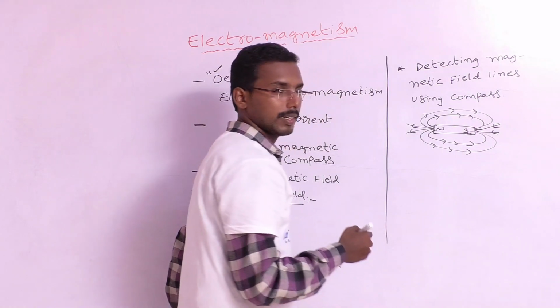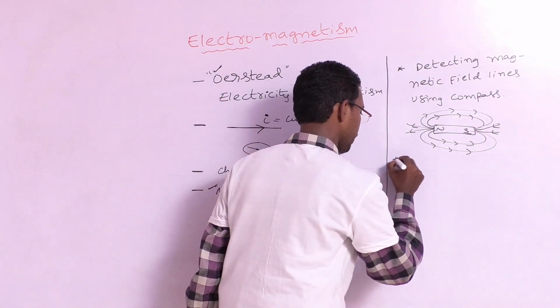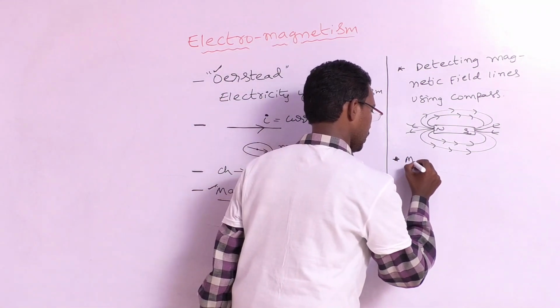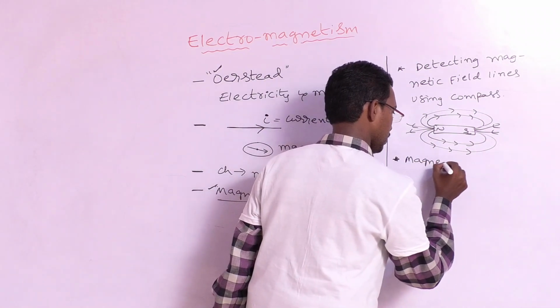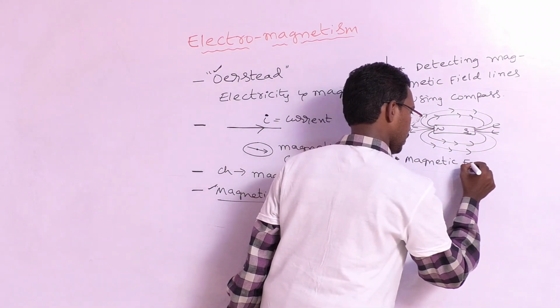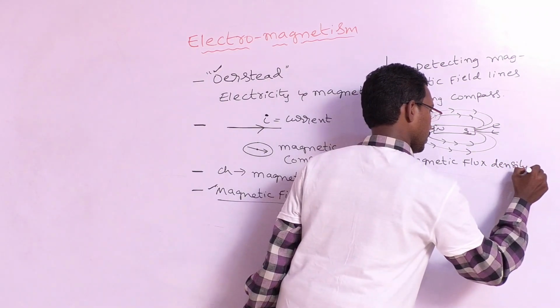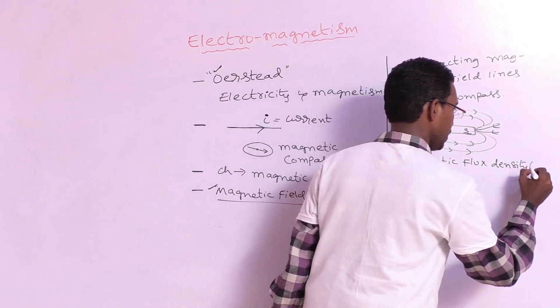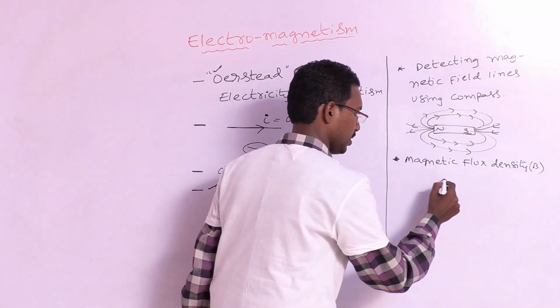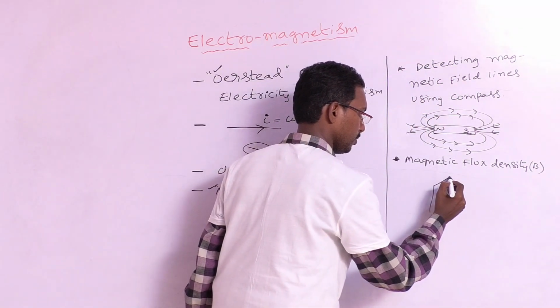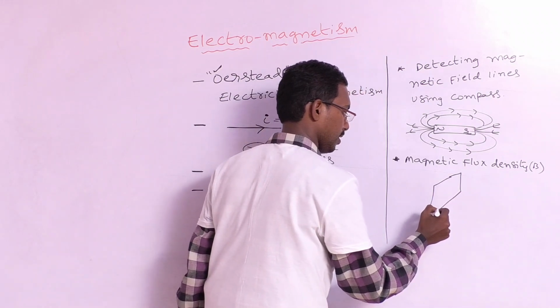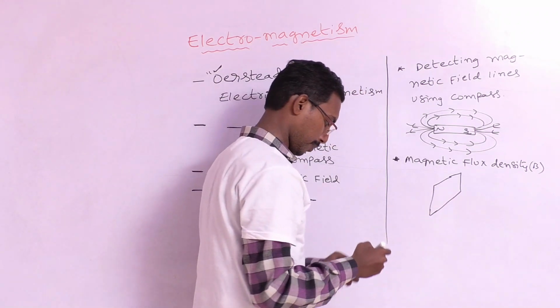Later we will deal with the concept of magnetic flux density, represented by B. It is related to how many magnetic field lines pass through a given sheet of paper.